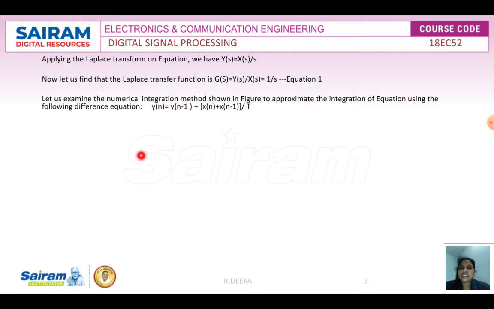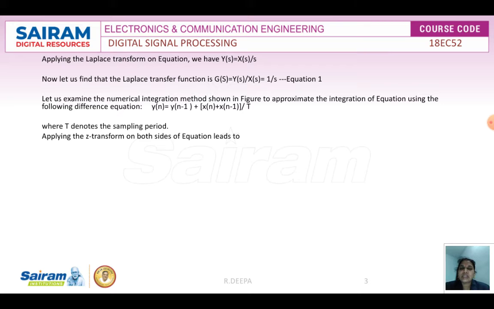Later we will examine the numerical integration method to approximate the equation using the difference equation y of n equals y of n minus 1 plus T by 2 times x of n plus x of n minus 1, where T is the sampling period.